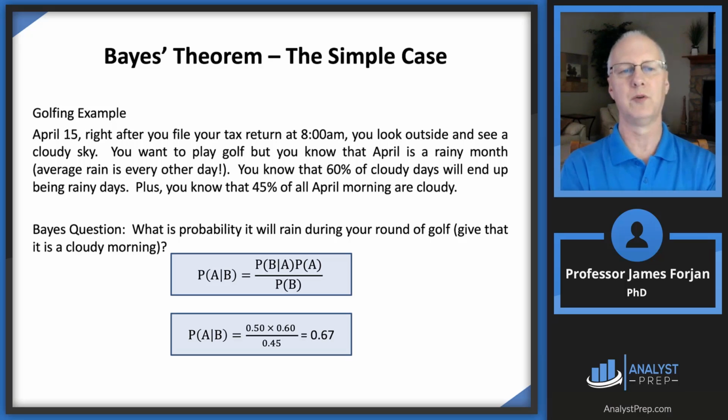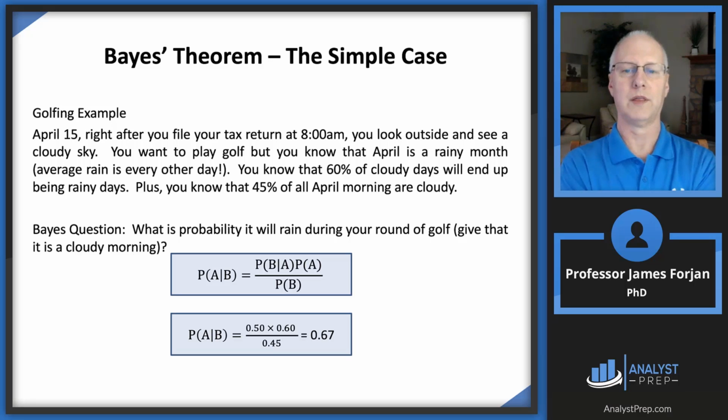And so let's just suppose that on average, it rains every other day in April. Now you know that 60% of cloudy days will end up being rainy days. And you also know that 45% of all April mornings are cloudy. All right, so here's our question. What is the probability it will rain during your round of golf, given that today, April 15th, it's a cloudy day?